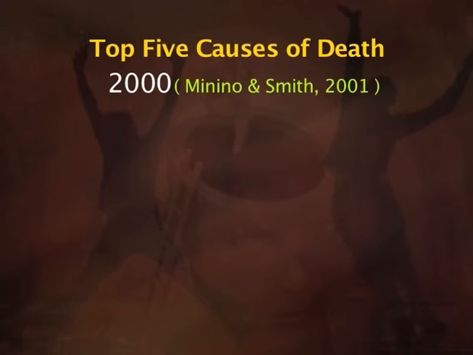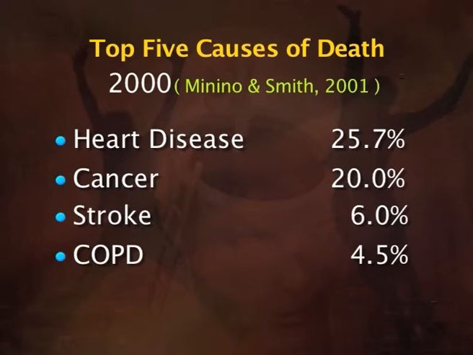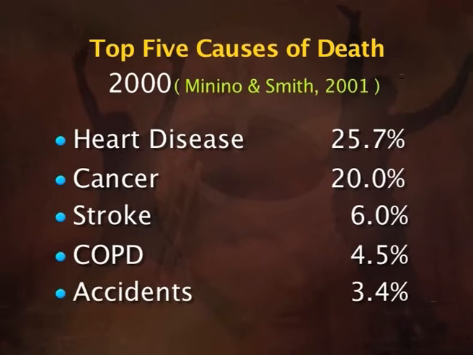Whereas in a recent research study, Minnow and Smith have found that the top 5 causes of death in the year 2000 are heart disease, followed by cancer, then stroke and COPD, and finally accidents.